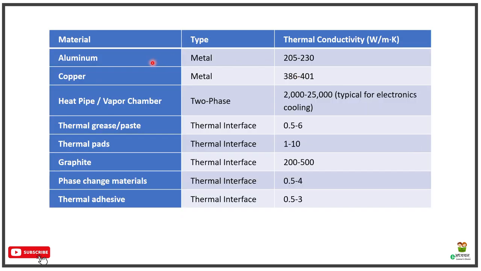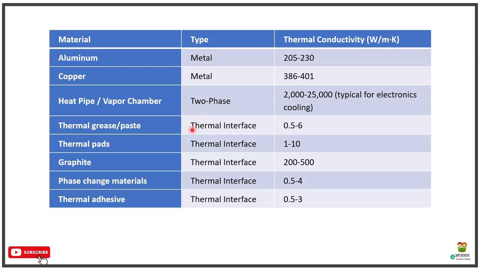Here we have considered the material aluminum and the type, metal, and here you can see the thermal conductivity in watt per meter Kelvin. So here we have a range of thermal conductivity for each material. As we discussed in the earlier image, the material of fins or base will be aluminum, that will be a metal, and this will be the thermal conductivity. Similarly, for copper, heat pipes, and thermal grease or paste that we use to fix in between.